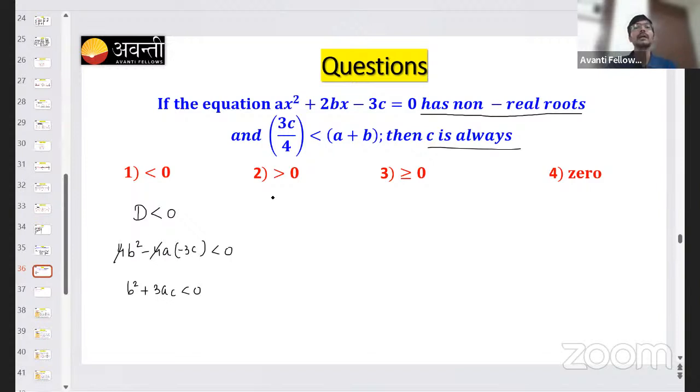Right ना? इसके बाद वो लोग ने कंडीशन दिया है. Let's look at this condition. So if we cross multiply, I'll get 3c less than 4a plus 4b. सबको राइट में लाओ. तो 4a plus 4b minus 3c is greater than 0.